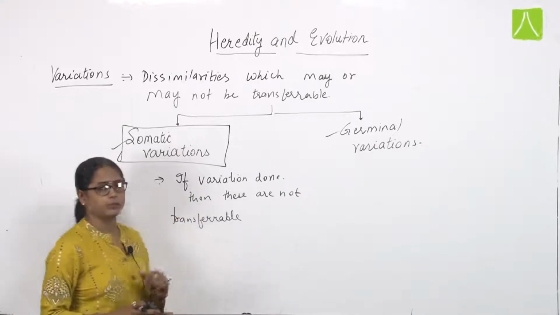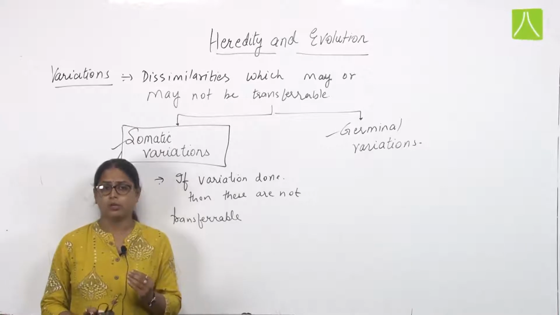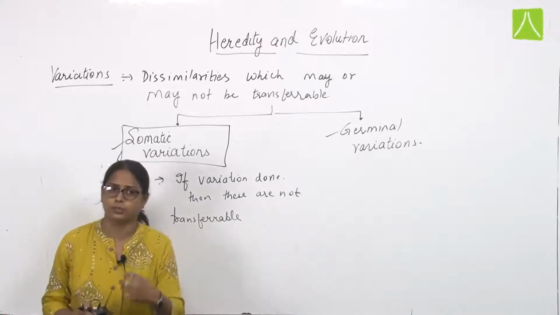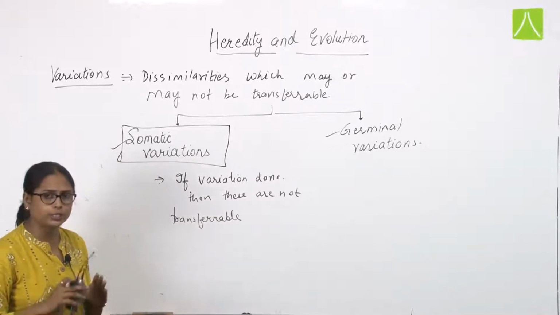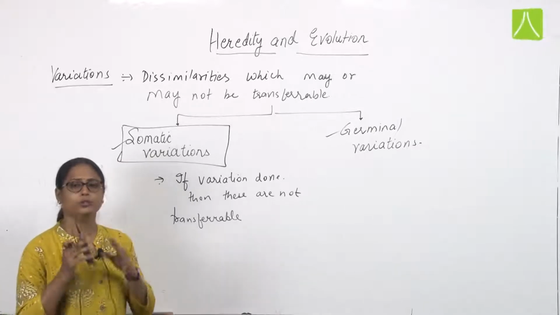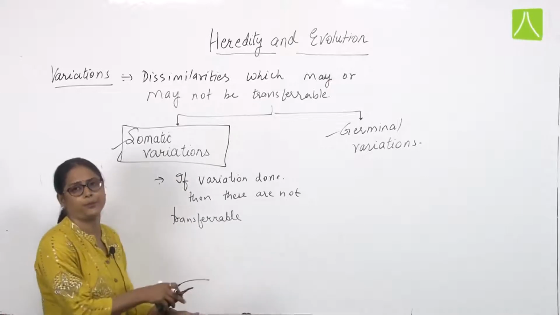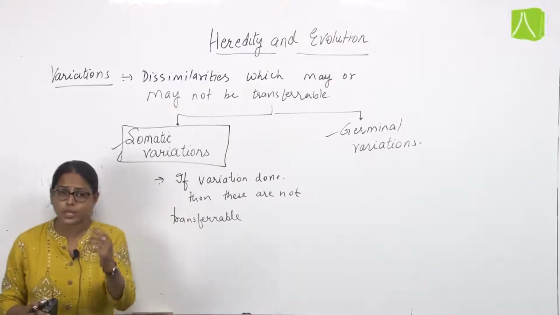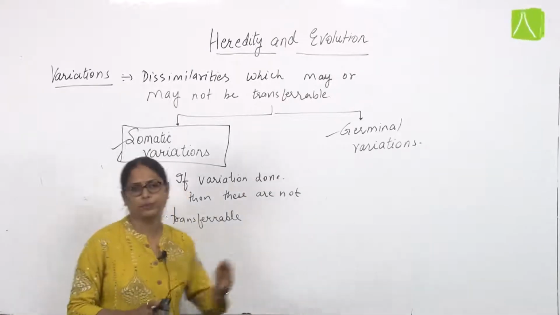if the variations occur, that means if there are changes in the gene part of the DNA present in the nucleus of somatic cells, that means if any change is happening in the gene of the DNA present in the nucleus of that somatic cell, then these variations or changes cannot transfer from parents to their offspring.